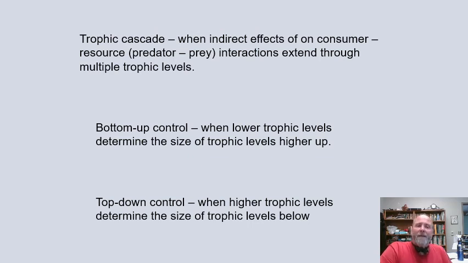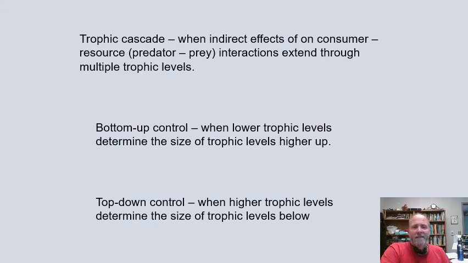Okay, this is what we refer to as top-down control, this idea that the predators control the prey. And if those prey are too abundant, then they're going to start eating up all of the primary productivity and impact how much primary productivity there is.